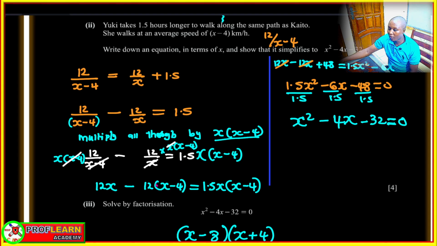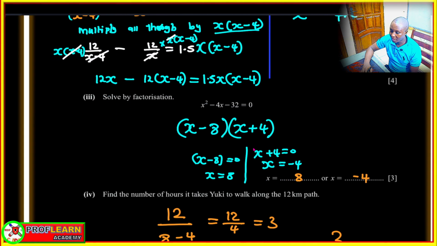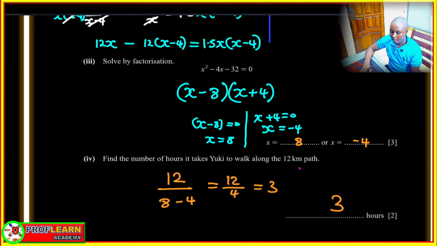Then you are going to form an equation, which is going to be this. Upon solving that equation by factorization, it will factorize to (x minus 8)(x plus 4), and that will mean that x minus 8 is equal to 0, and then x is equal to 8, x plus 4 is equal to 0, meaning that x is equal to minus 4.